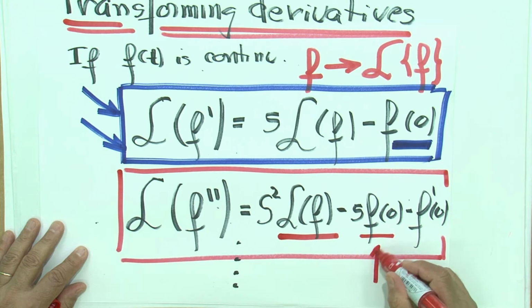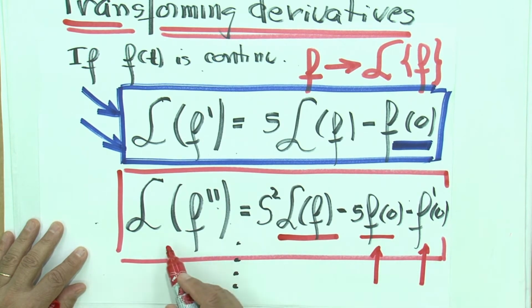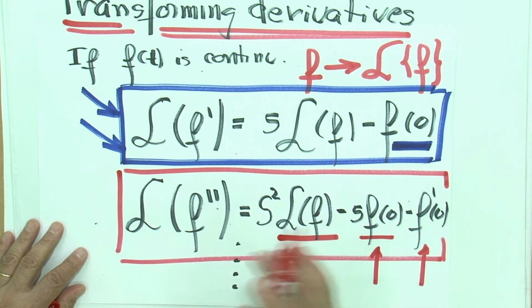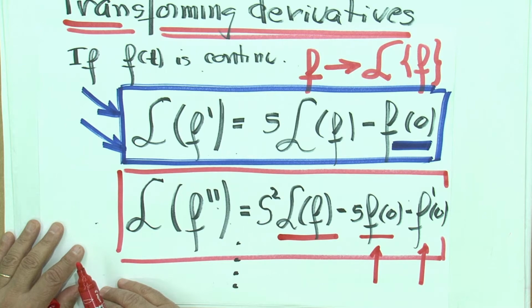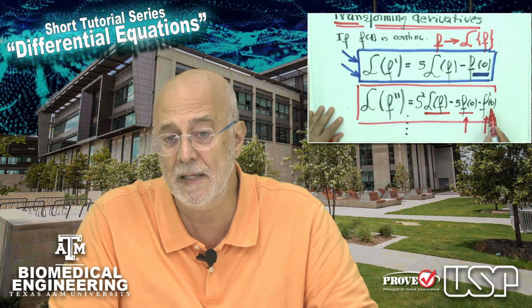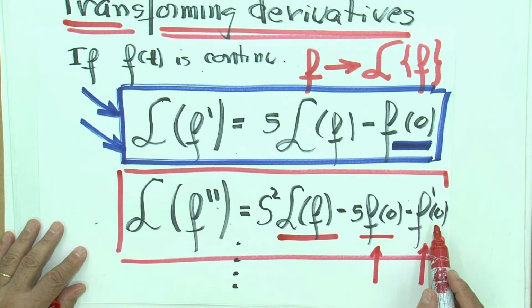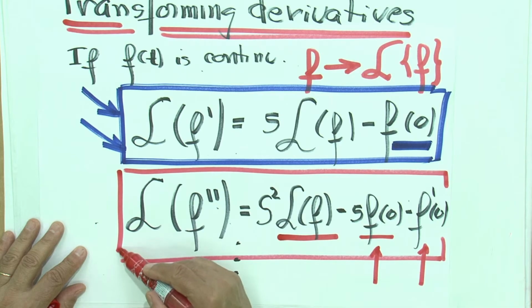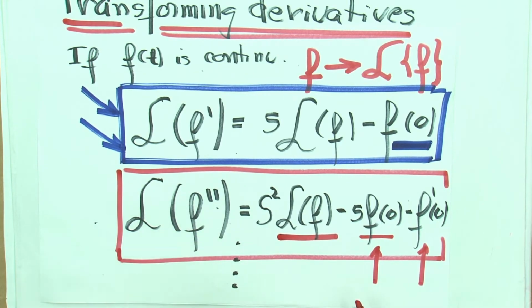So now we need to know two values to specify the Laplace transform of the second derivative. We need two initial conditions: the initial values of the function and of its first order derivative, to be able to determine the Laplace transform of the second order derivative of the function.